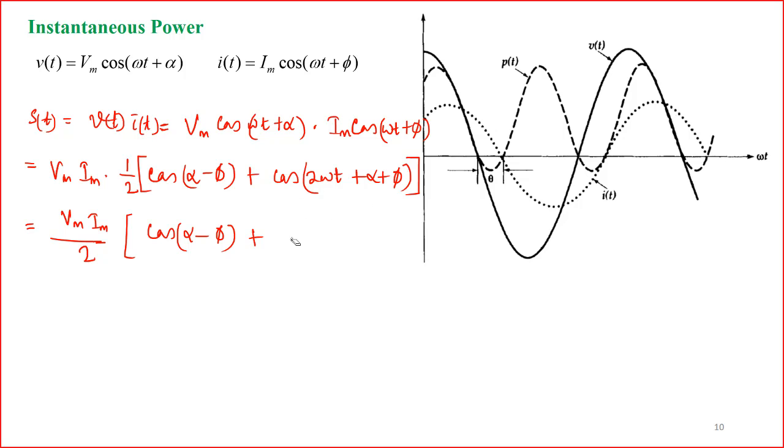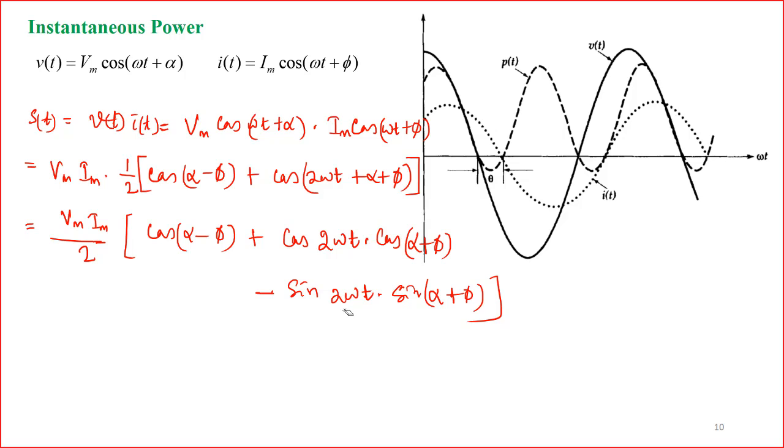If I expand this, it will give me cos of 2 omega t into cos of alpha plus phi minus sine of 2 omega t into sine of alpha plus phi, right?